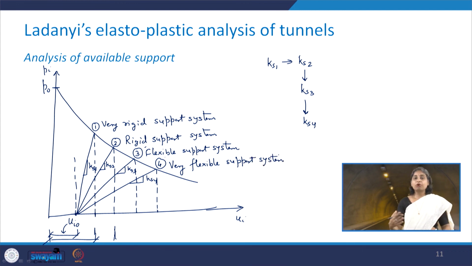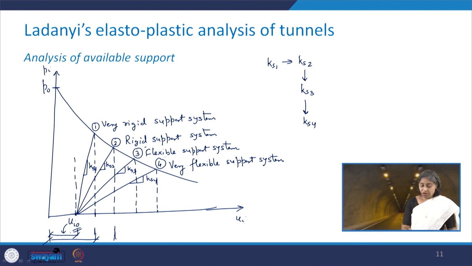So you see, the more rigid the support system, the resulting deformations are low. In all the 4 cases, we have made the tunnel experience the initial convergence of magnitude uio.